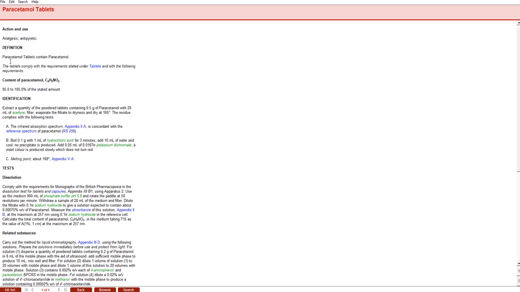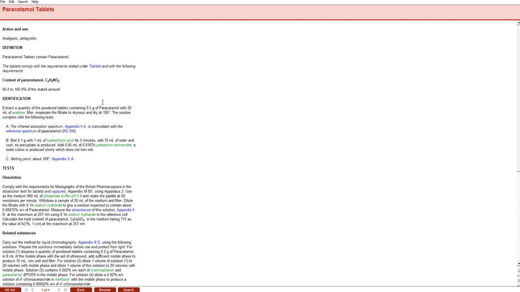It says paracetamol tablets containing paracetamol. The tablets comply with the requirements under tablets. Here, see this one. This is very important. Content of paracetamol. It should be from 95 to 105% of stated amount.